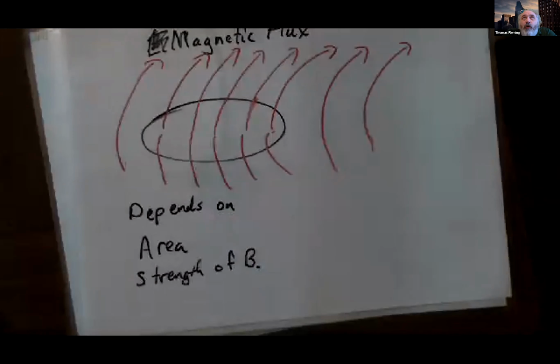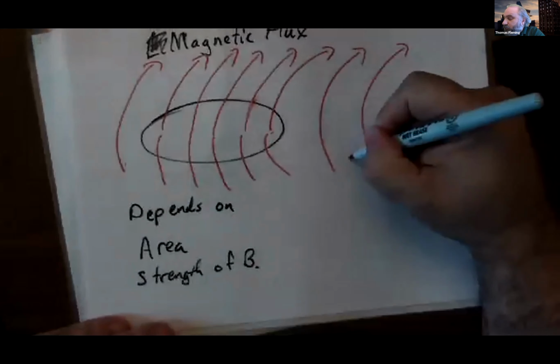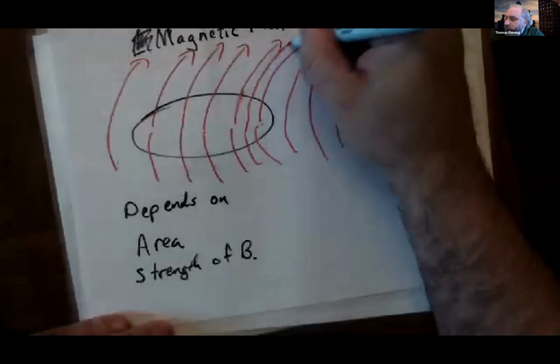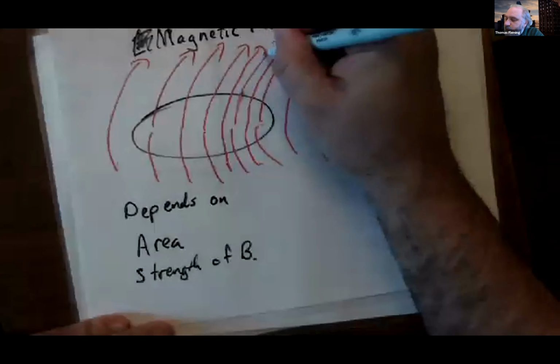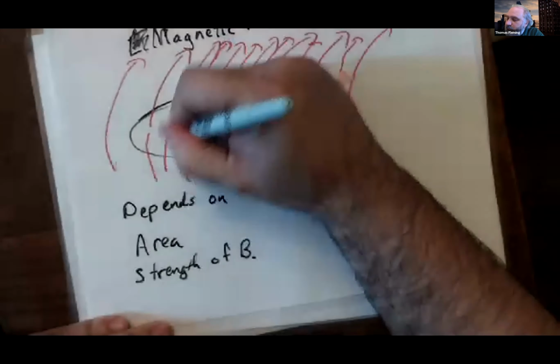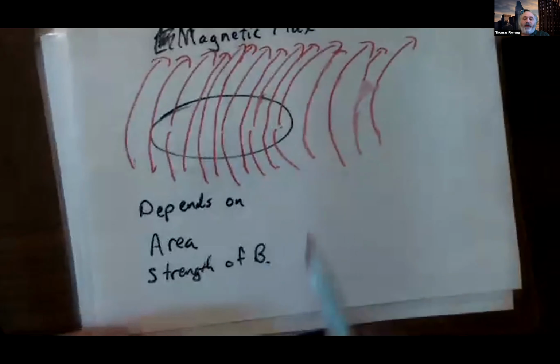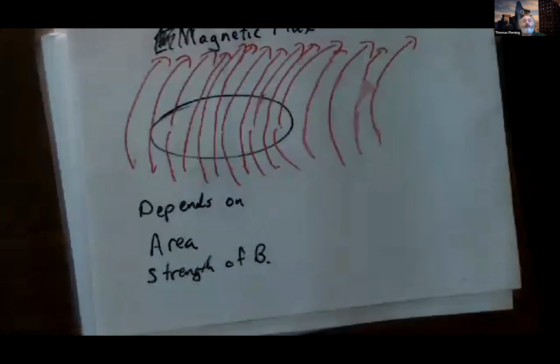So if I had a stronger magnetic field, I would draw my lines more tightly together. Or in this case, I would just draw more lines. But you'll notice, if I'm drawing more lines, I'm going to have a lot more lines go through that region. So clearly, larger magnetic fields are going to create more flux than smaller magnetic fields.